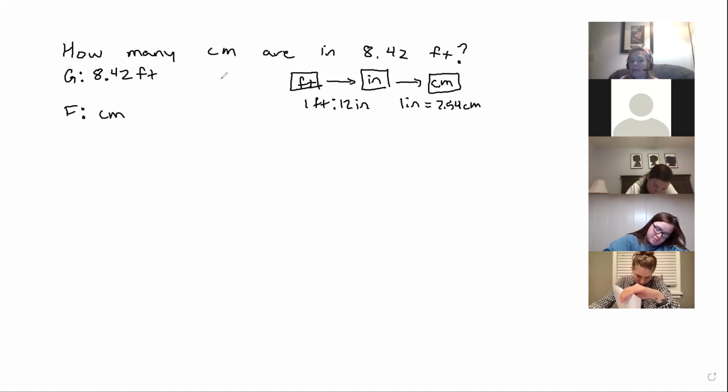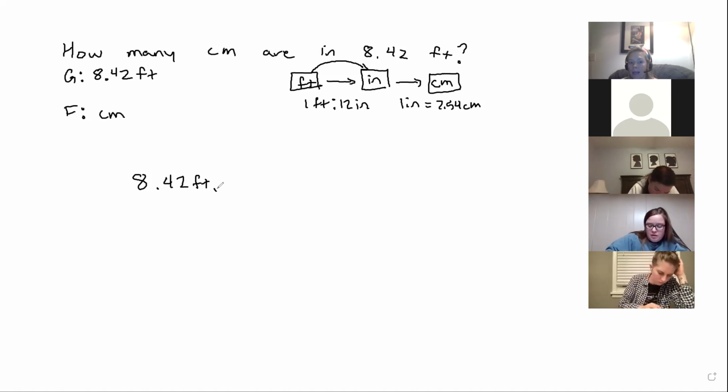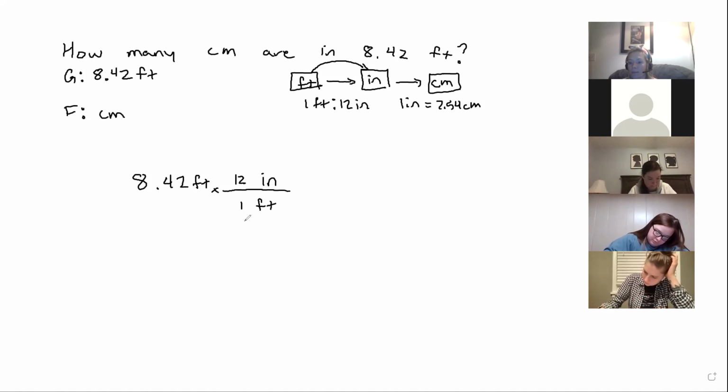So when solving this problem, I'm first going to try and get from box 1 to box 2. I'm going to ignore the whole centimeter thing for right now. My goal is just to get from feet to inches. So I'm going to start with the 8.42 feet, and put feet on the bottom and inches on the top: 1 foot for every 12 inches.